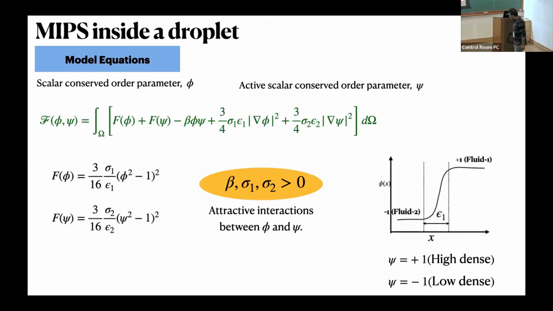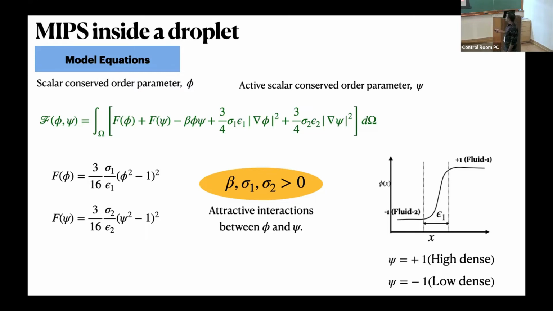We write down the model. We start from two order parameters: one is phi, which captures the droplet interface, and another is psi, which captures the active matter. We start from a free energy functional.